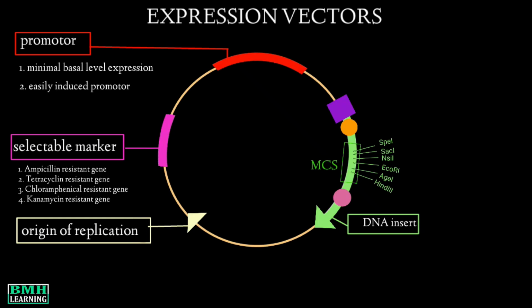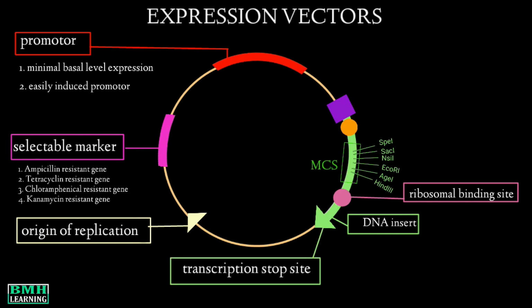The promoter should be easily induced, meaning that protein synthesis is only initiated when required by the introduction of an inducer such as IPTG. Then there are other elements necessary for gene expression such as RBS, or ribosomal binding site, so that protein synthesis can be initiated. Next is the transcription termination sequence, which would mark the end of a gene during transcription.